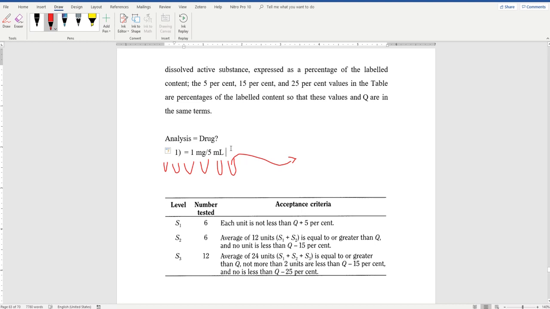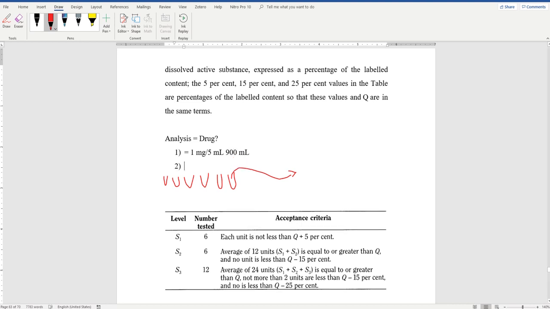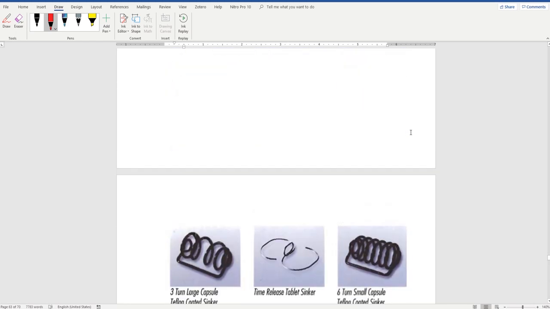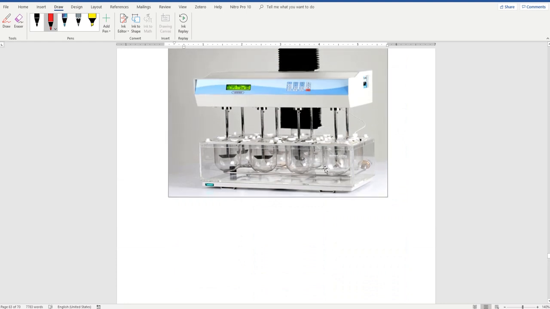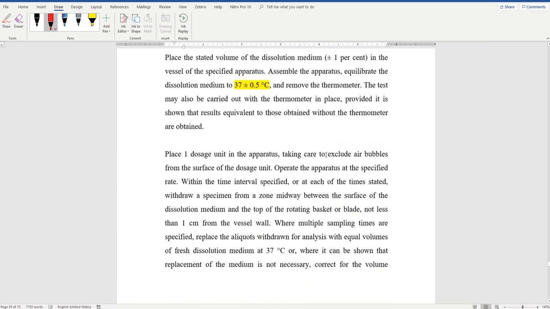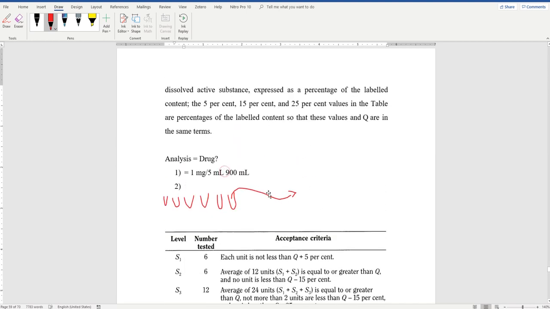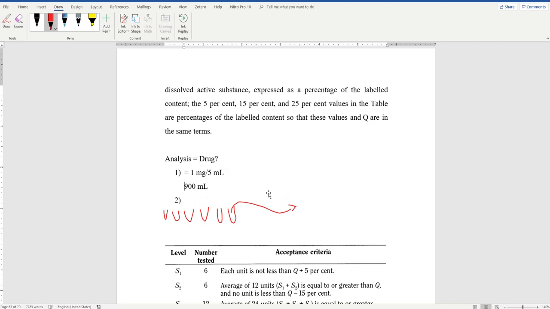You know that in the medium you used 900 ml, right? If you go to the vessel, you may be asked to pour in 900 ml, or 500, or 700 or 800. So if 1 milligram is in 5 ml, how much of the drug has dissolved in 900 ml?